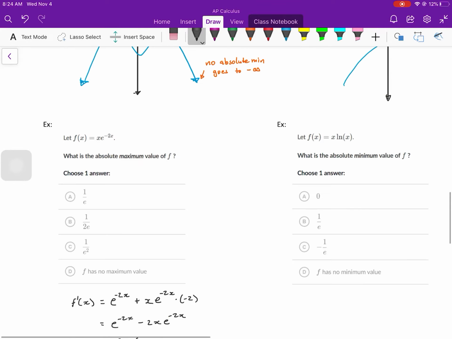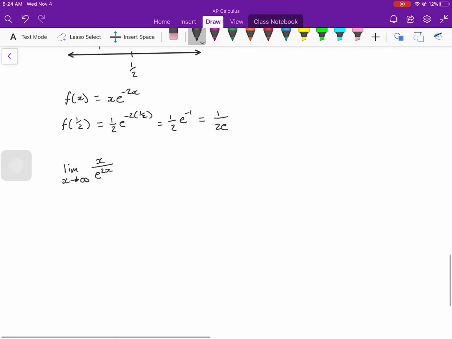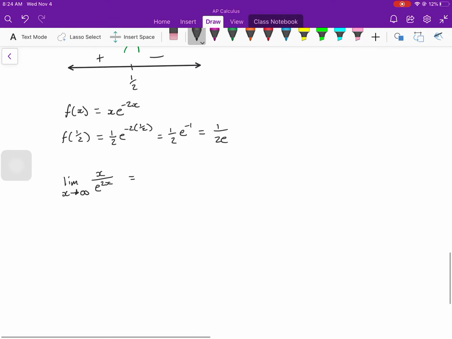It's a negative exponent, right? Just to double check. Yep. And then we're going to do L'Hopital's on it, because that's infinity over infinity, right? That's that indeterminate form that we learned about recently. And then that's going to be 0 because we're going to have 1 over infinity, right? Same thing with, actually no, limit as x goes to negative infinity.